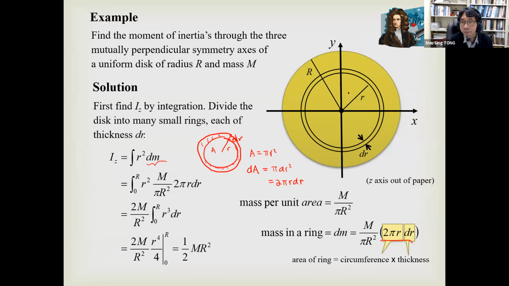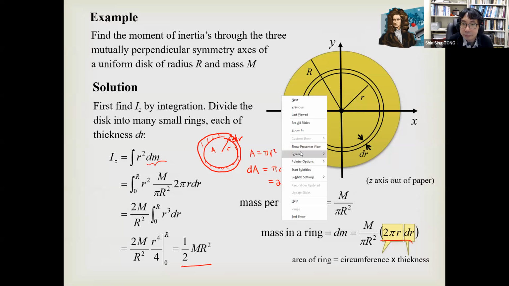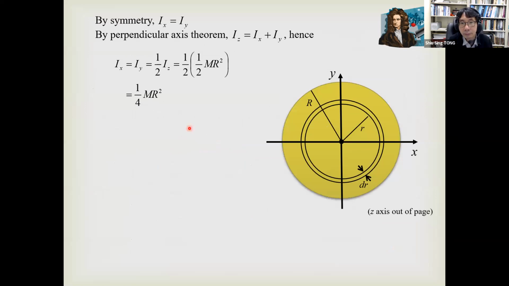And so if you have a disc rotating about the axis, the moment of inertia is half mR squared. Now we can also find the moment of inertia about the x and the y axis that lie on the plane by the perpendicular axis theorem.